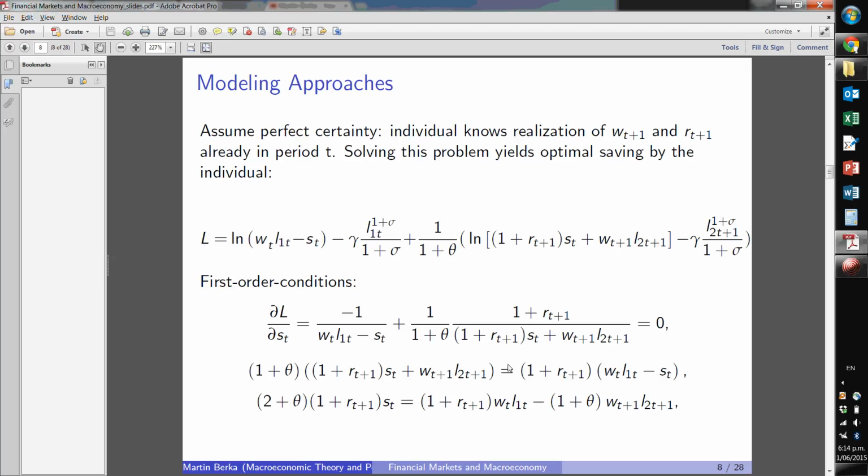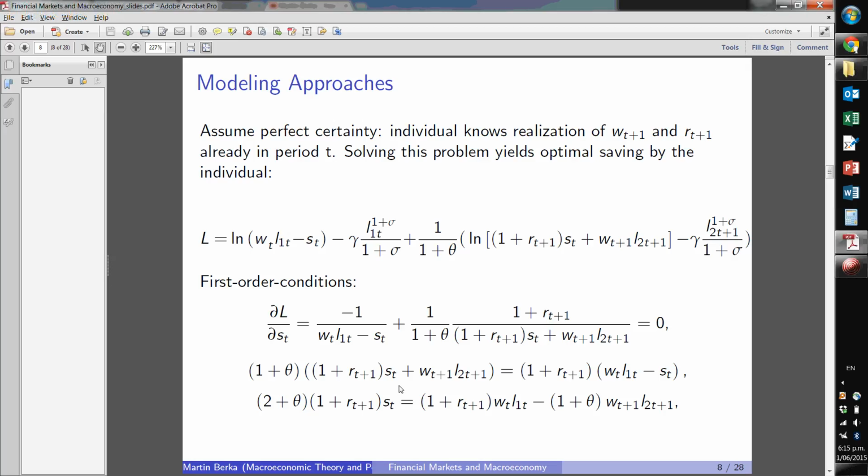In this equation, since the first order condition is equal to 0, I can multiply both sides by 1 plus theta, and maybe I should multiply by minus 1 plus theta, so that ends up with the following expression. I can just multiply them out, and you get this equation in the one before the last line.